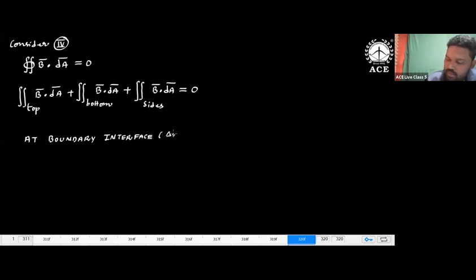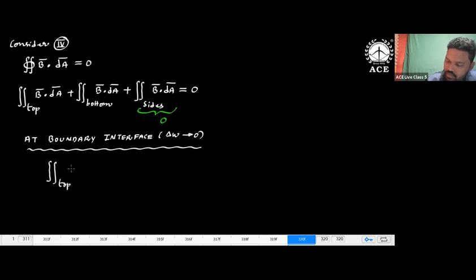At the boundary interface, delta W tends to 0, which means the sides will go to 0. And you can check what the top will become: Bn2 into dA, minus what the bottom will become: Bn1 into dA, is equal to 0.